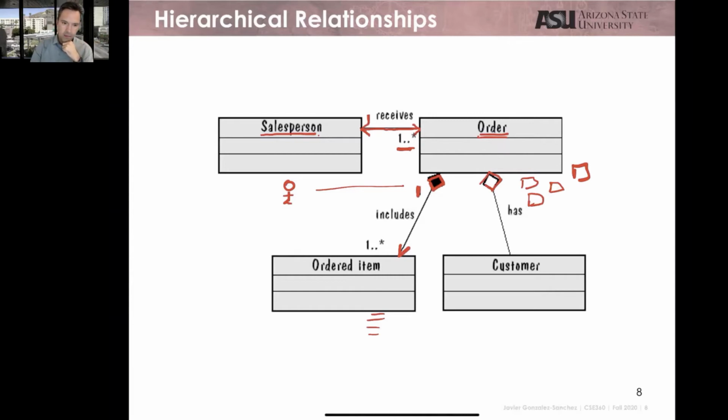Aggregation. If I do not put numbers at all, the default is one and one. I do not need to put numbers for that. One order, one customer. Use the line. Extra element for the line, adding numbers. The name.